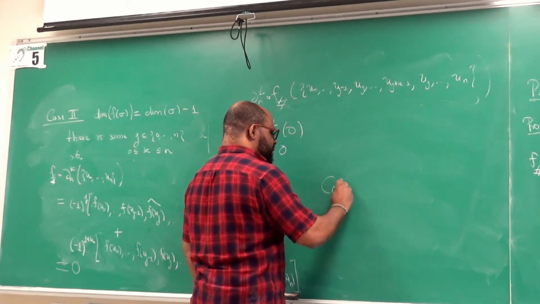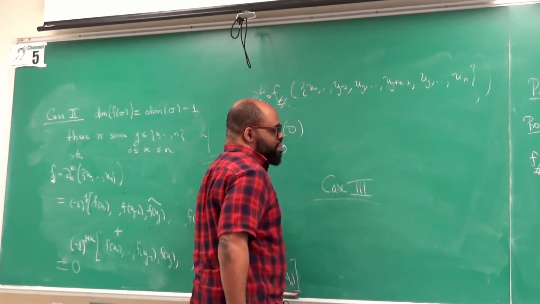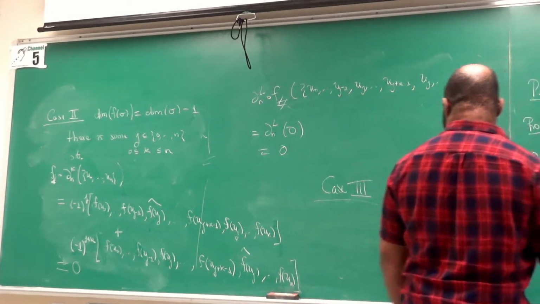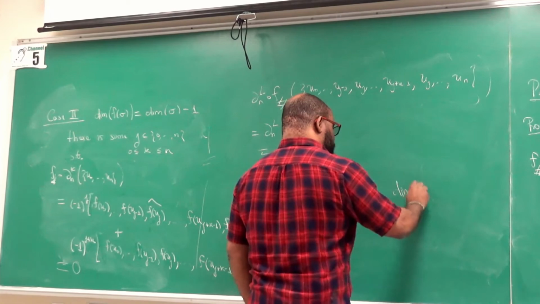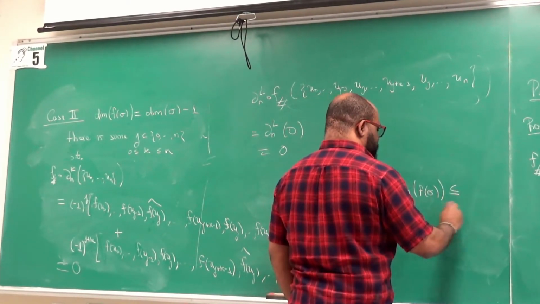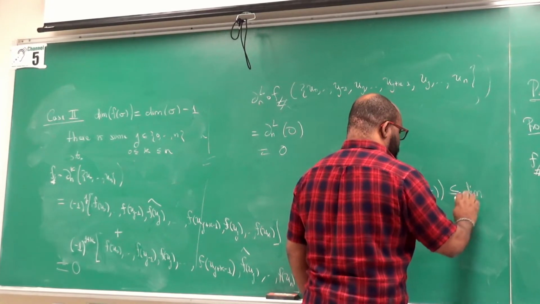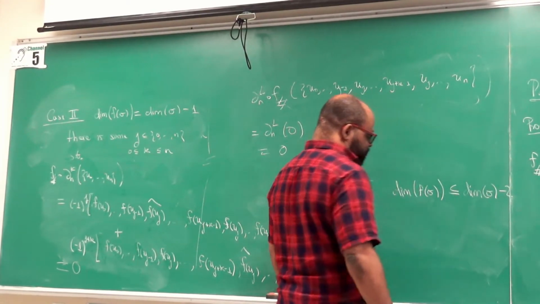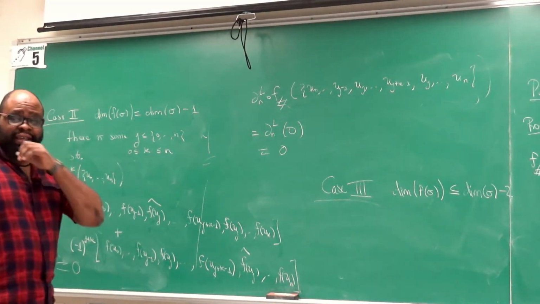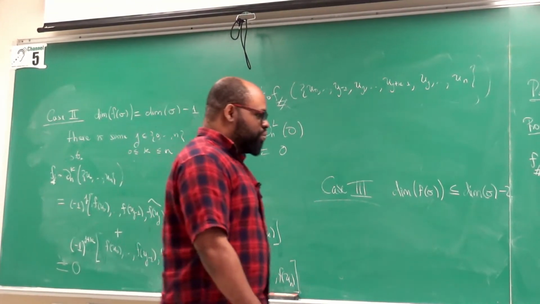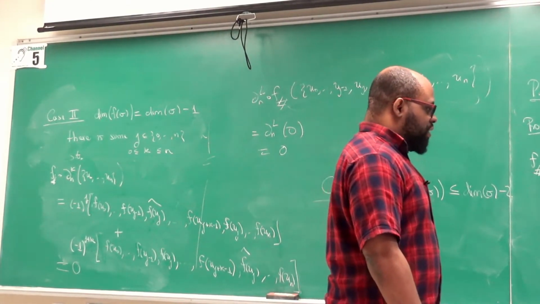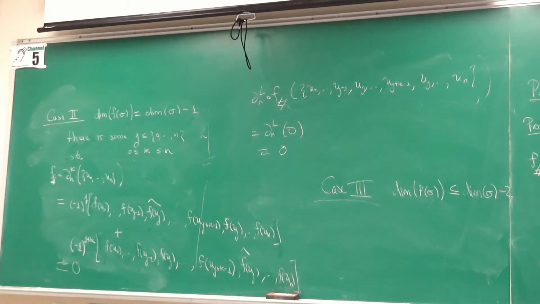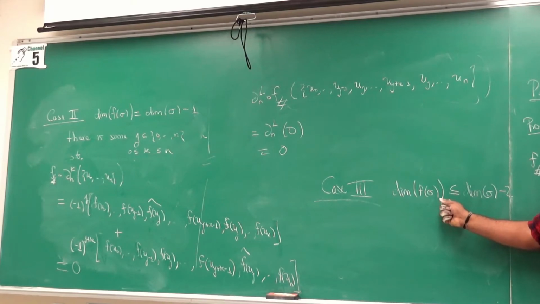And the last case is when the dimension of f sigma is less than or equal to the dimension of sigma minus 2. And this is the easier case. The reason why it is easier is because this is saying that there are at least 3 entries that are repeated, correct?